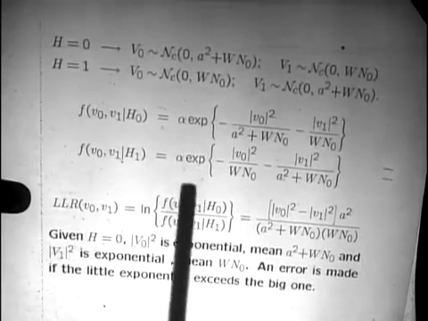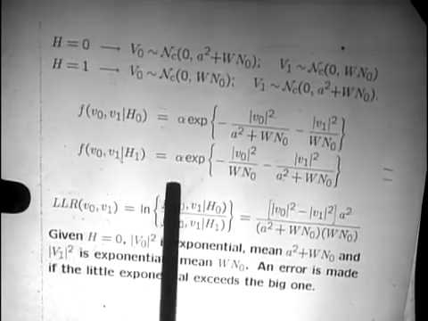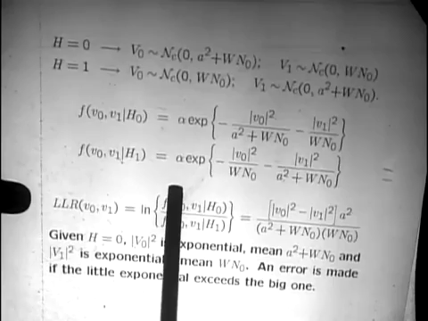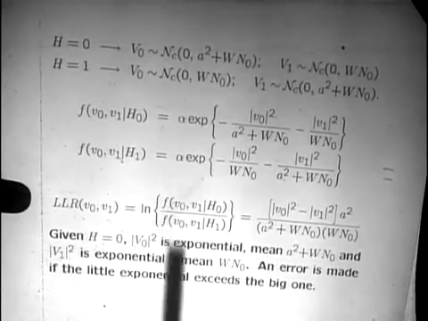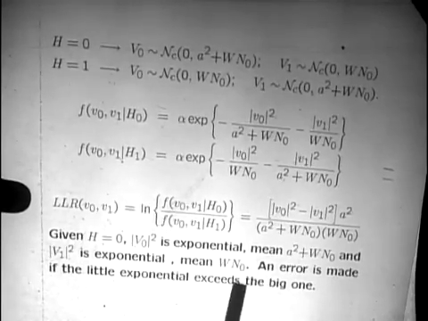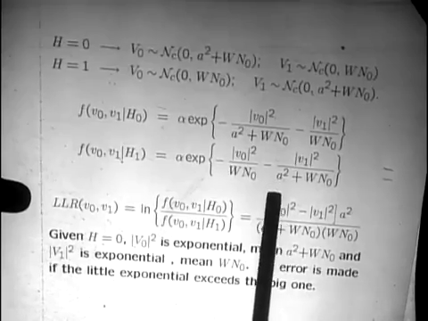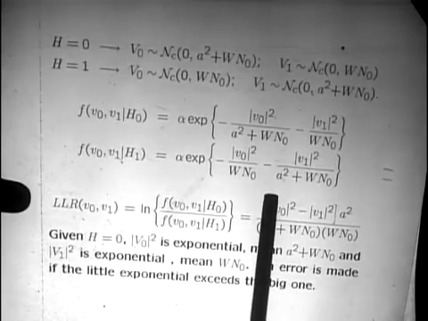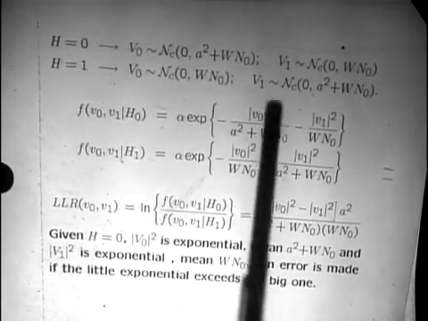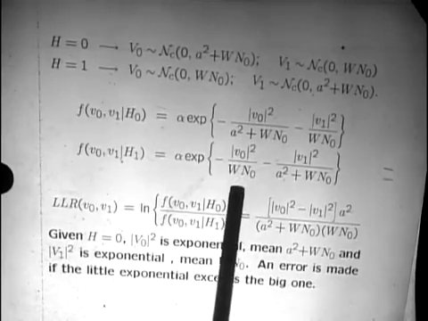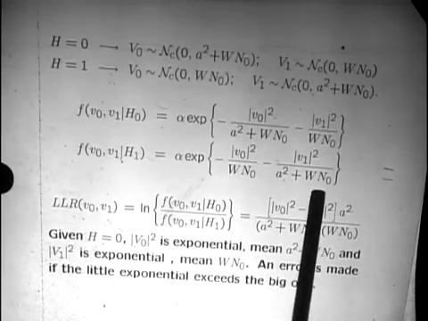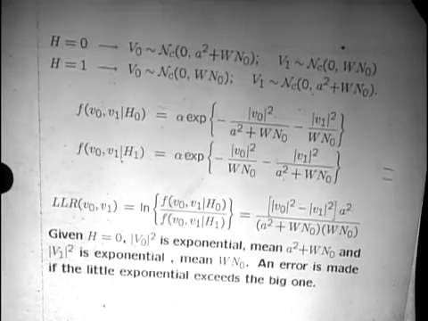But if you recognize that the coefficient here has to be the same as the coefficient here, you don't have to worry about it. So when you take the log likelihood ratio, you get this divided by this. You have the same form in both cases.